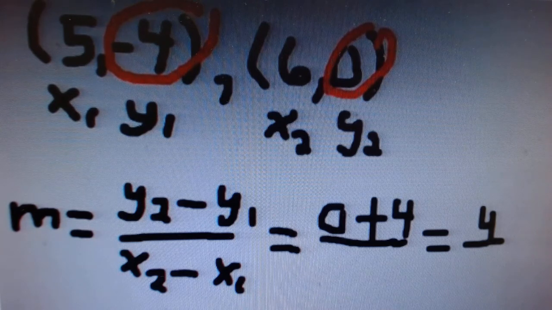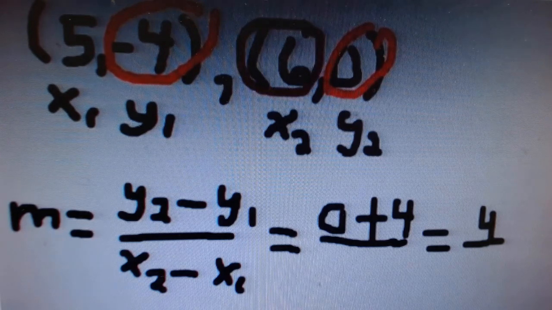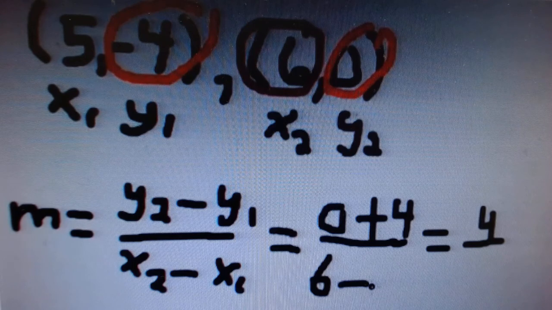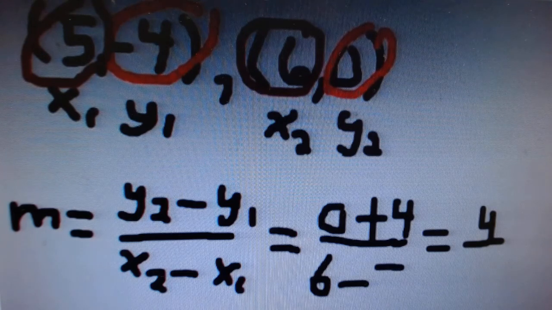Going back to my slope formula, I'll try to find x2. Notice that x2 is 6. I'll place 6 as the denominator in my formula. And remember that the minus sign is part of the formula. It goes in there too. Next, I will find x1. x1 is 5.